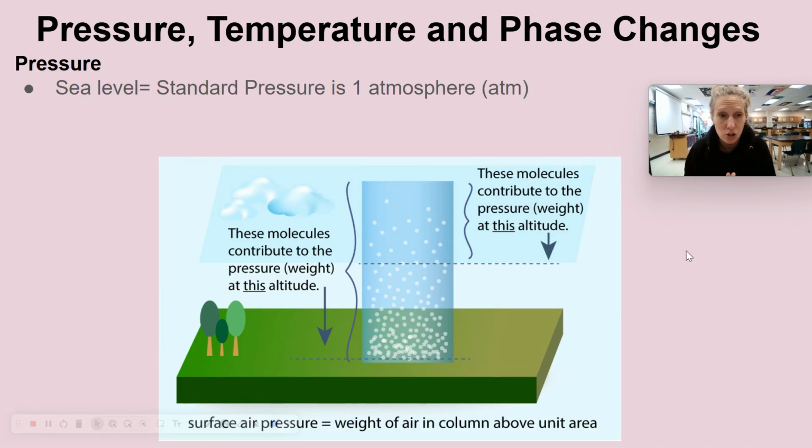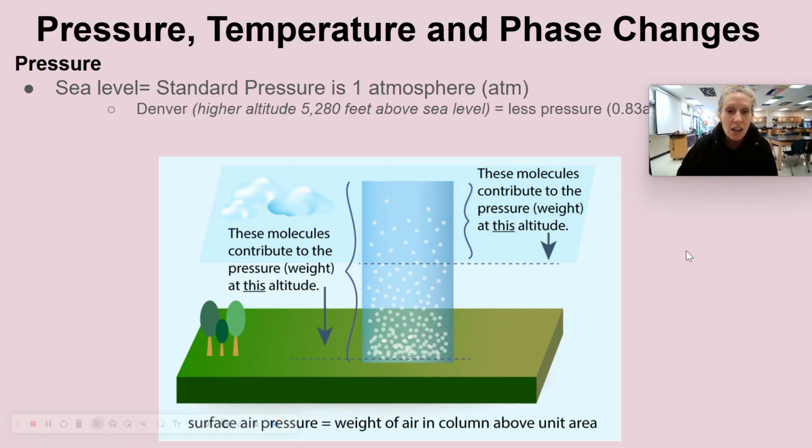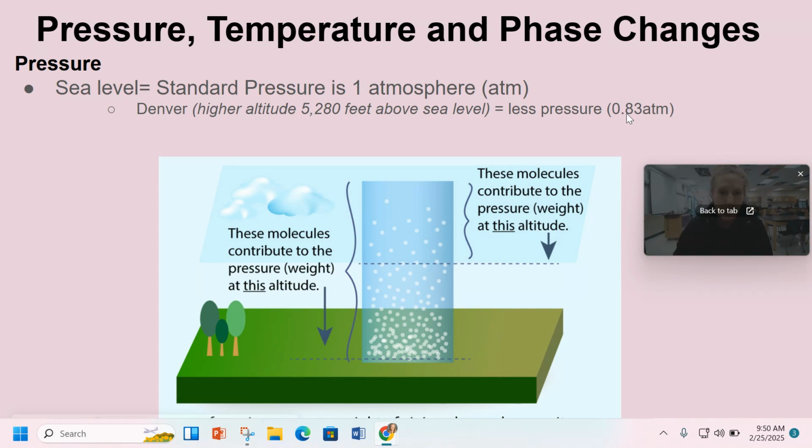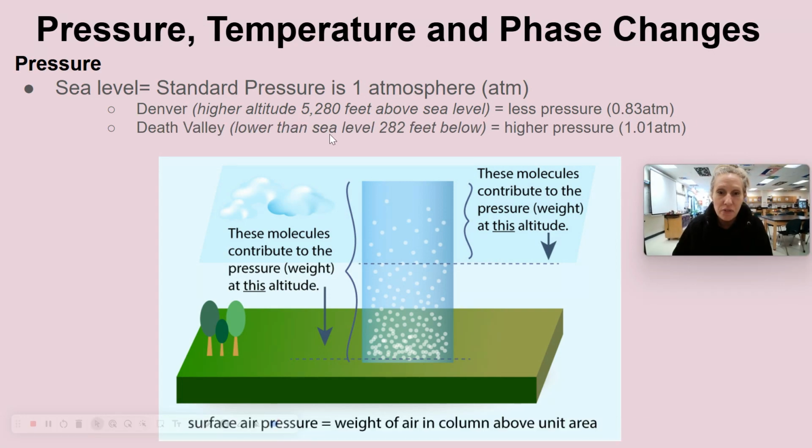When it comes to pressure at sea level, we say that standard atmospheric pressure is 1 atmosphere. And when you go above sea level, like Denver, I said, is known as the Mile High City, there's less pressure there. So it's 0.83 atmospheres versus something like Death Valley, which is below sea level, and there is higher pressure there, 1.01.